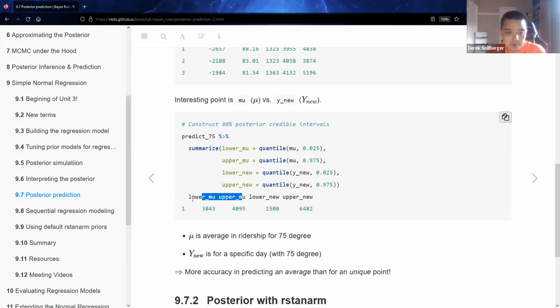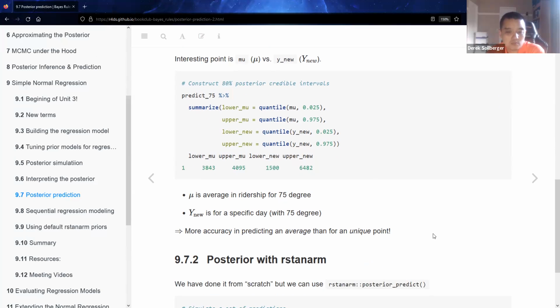That is, for mu, the credible interval is much smaller than it is for y new. Mu, we could think of as the average ridership for a 75-degree day, whereas y new is for a specific day that happens to be 75 degrees.